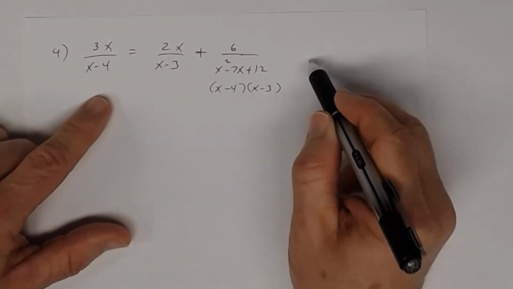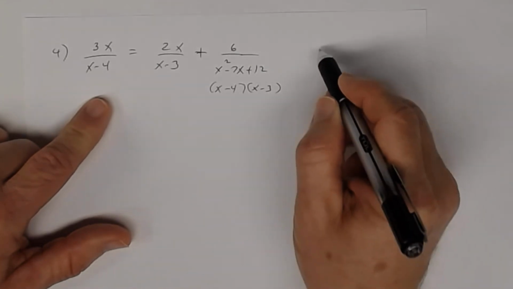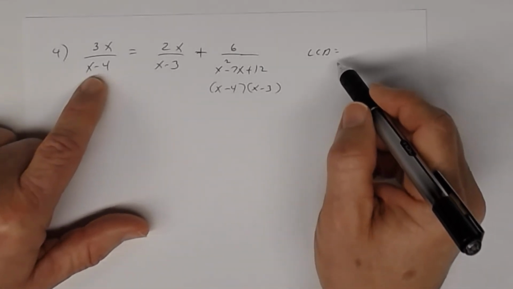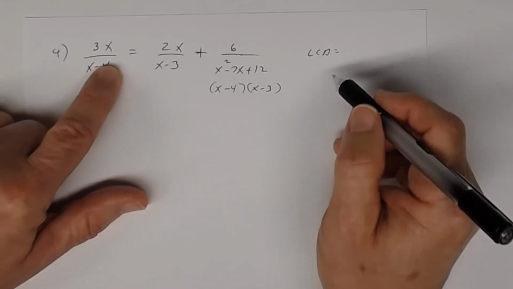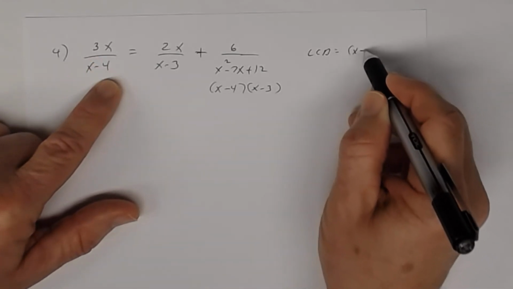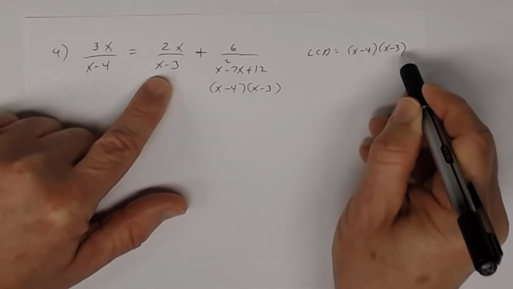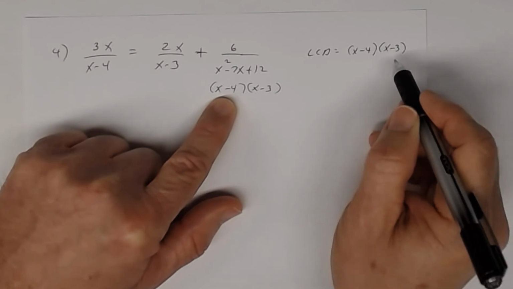So since I factored the denominators, let's go ahead and find the LCD. So my LCD has to include every factor that you see. I see an x minus 4, I must use it. I see an x minus 3, I must use it. I see an x minus 4, I already have it.